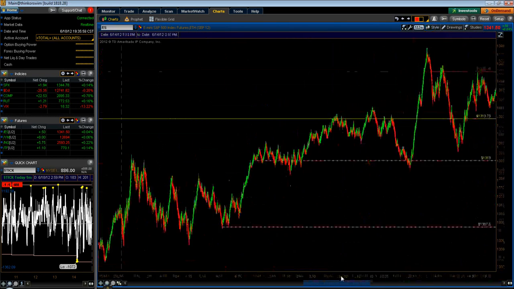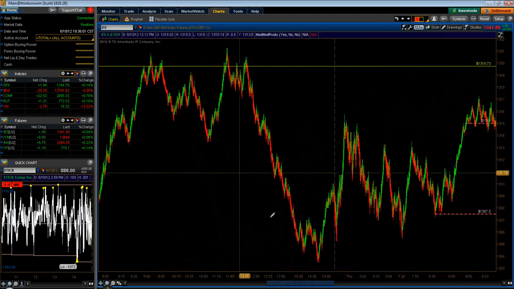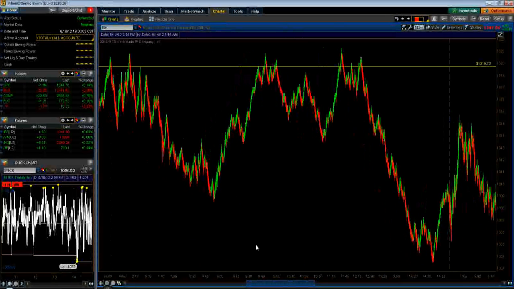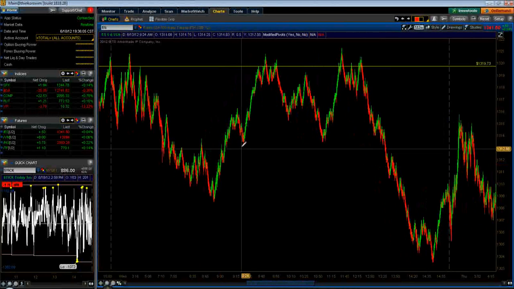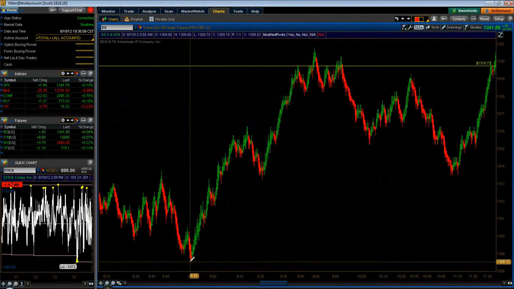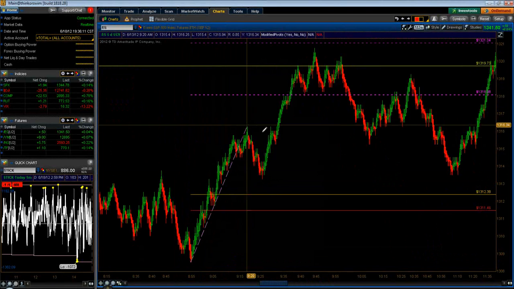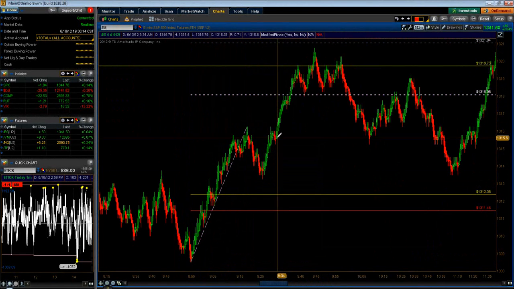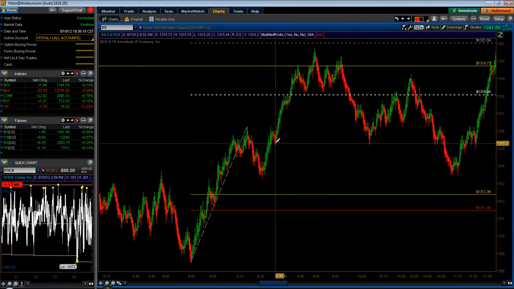Scroll back to the 13th. Looking at 9:15. Yeah, and I think this was Wednesday the 13th. So you're looking at the little long on Wednesday at 13:15. Yeah, that's what we mentioned just earlier.